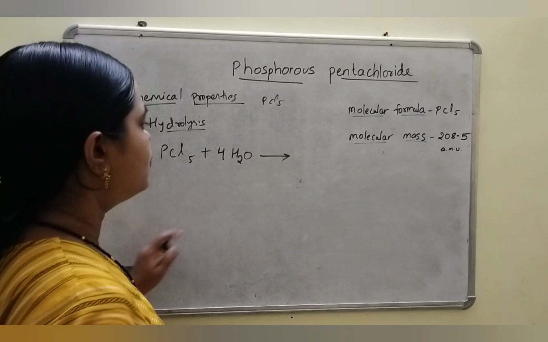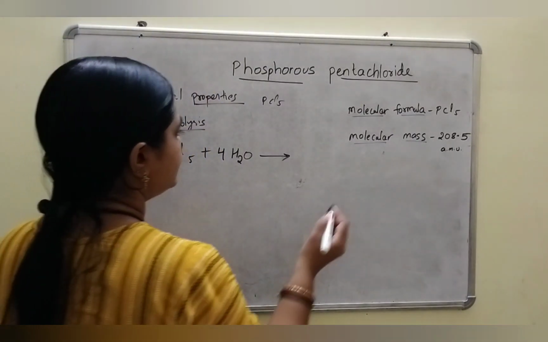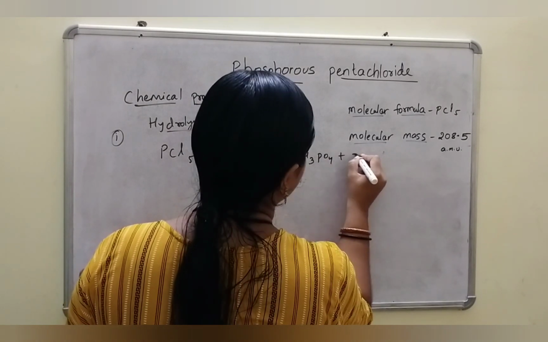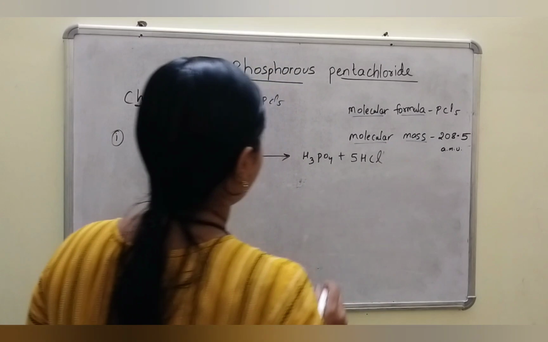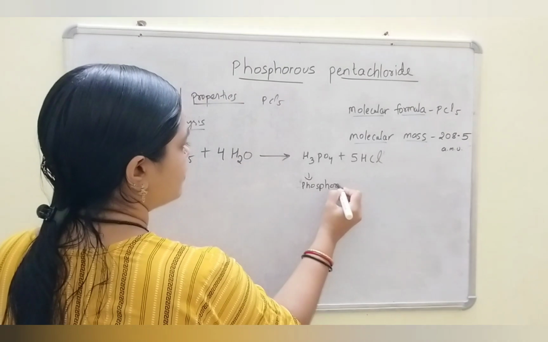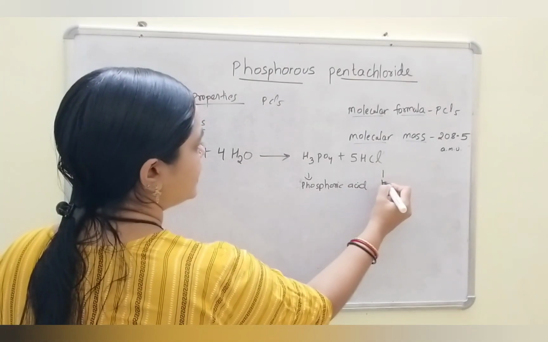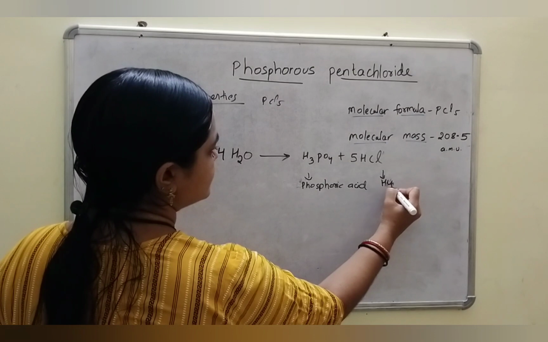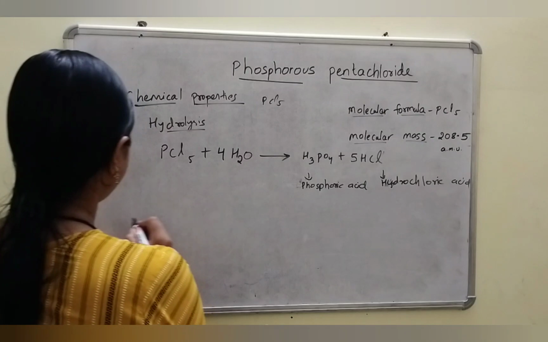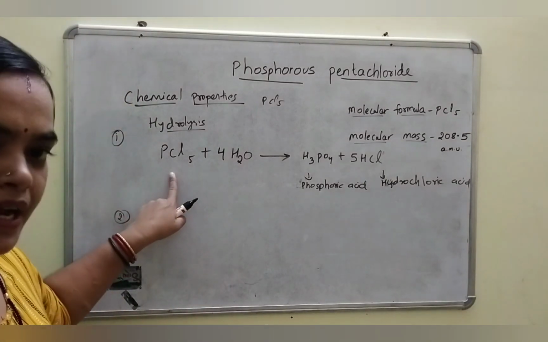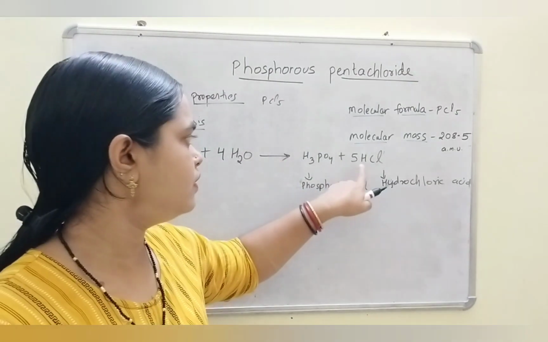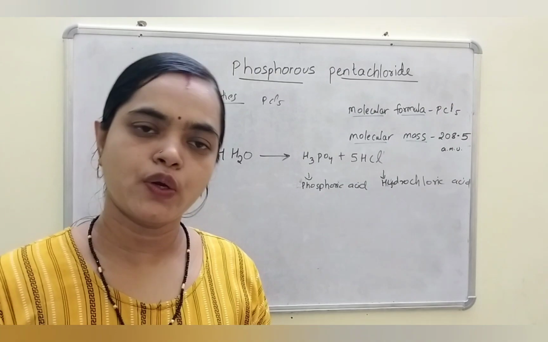It gives phosphoric acid and hydrochloric acid. This is the first chemical property. When phosphorus pentachloride hydrolyzes with water, it gives phosphoric acid H3PO4 plus 5 molecules of hydrochloric acid.